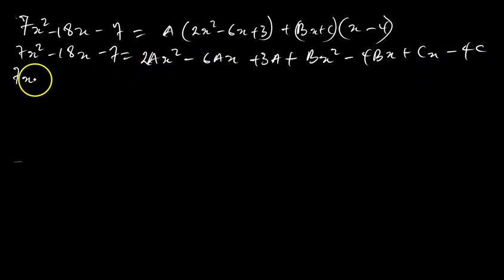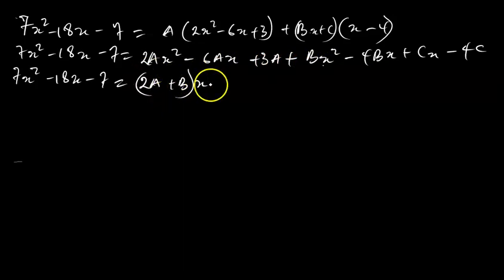So 7x squared minus 18x minus 7 is the same thing as, everywhere we have x squared, we collect them together. That's (2a plus b) x squared.